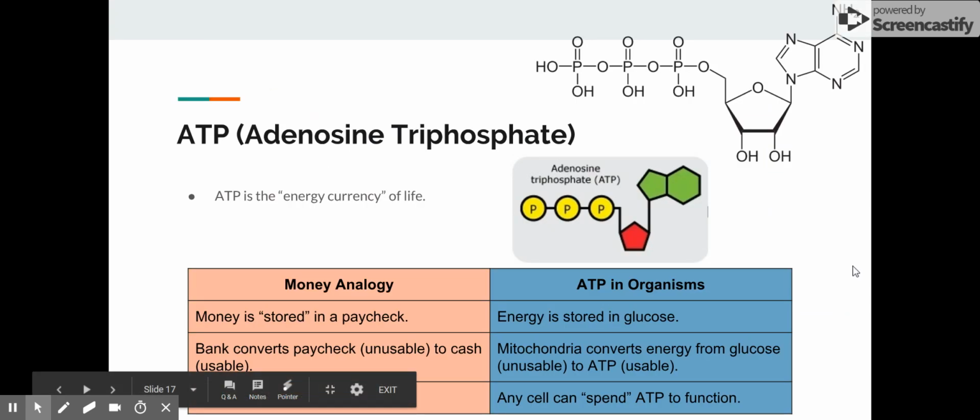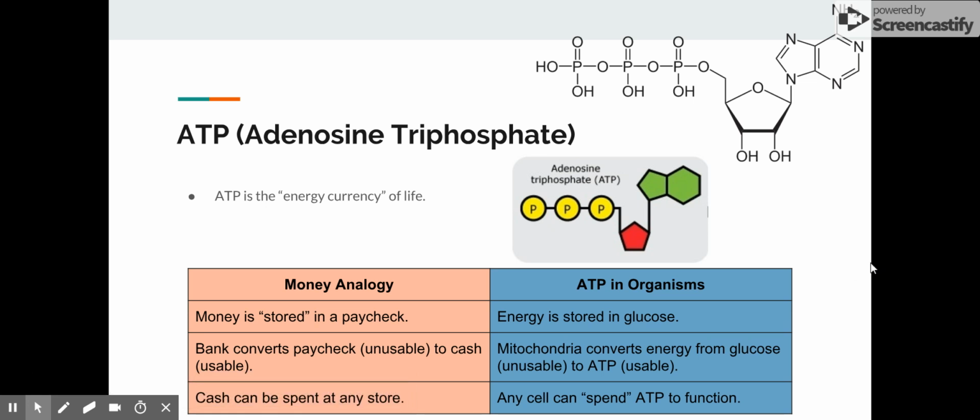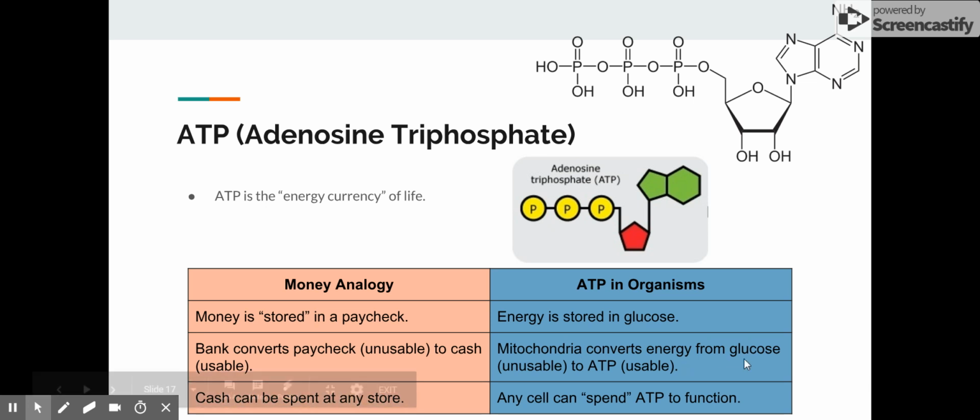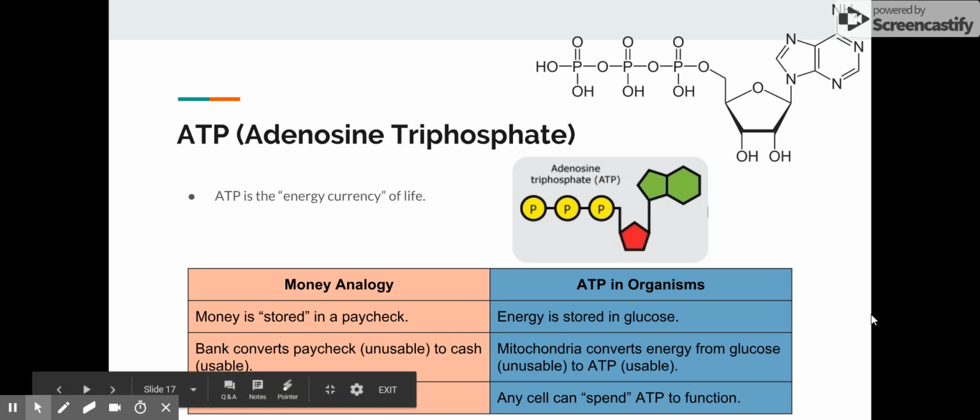So what about ATP? Well, it's similar to a currency in that glucose is this really large sort of paycheck, right? So you have glucose as this large paycheck, this big molecule, but you need it in smaller increments. And so what the mitochondria does, similar to a bank, is convert that large paycheck, or glucose, into a smaller, more usable form of energy, which would be cash or singles.